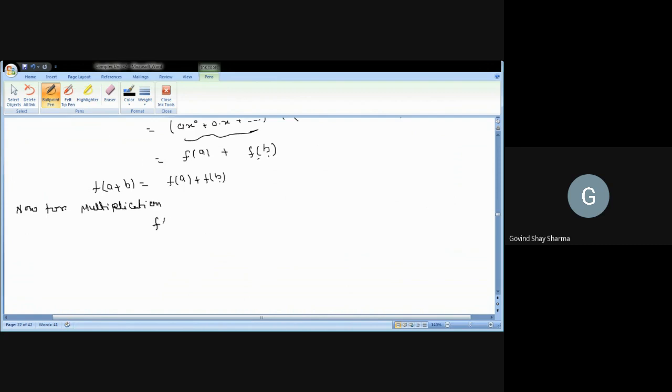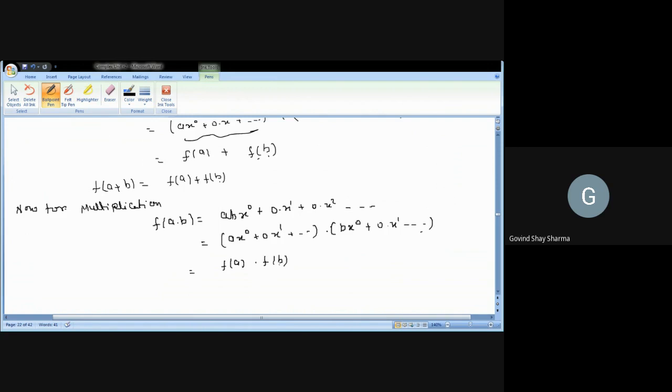Multiplication: f(a·b) is equal to f(a)·f(b). So this is f(0), which can be written as f(a).